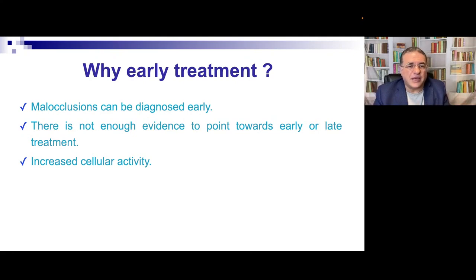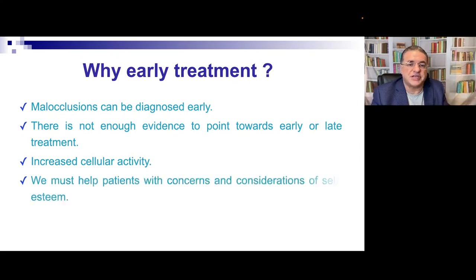Why? We have increased cellular activity, so it will be easier to treat the patients. And I think we must help patients with concern and consideration of their self-esteem at early stages.